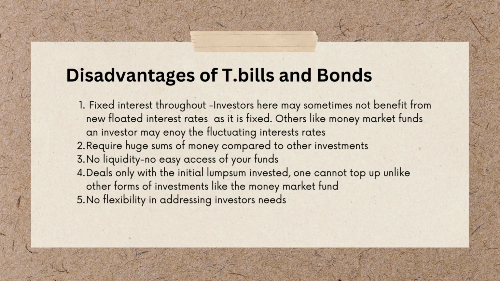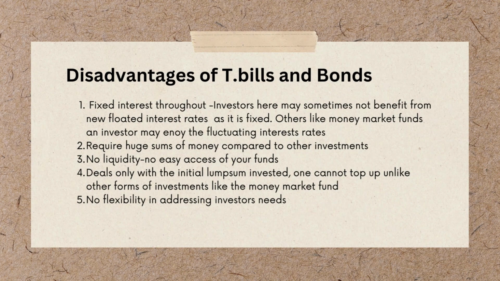And sometimes you may find that the interest rate for today may be higher than the interest rate for the previous day. This is not the case in the Treasury bills, because when you subscribe to the Treasury bill when the interest rate was 15%, you will have to wait until the maturity. The interest rate cannot be altered or changed before the maturity.